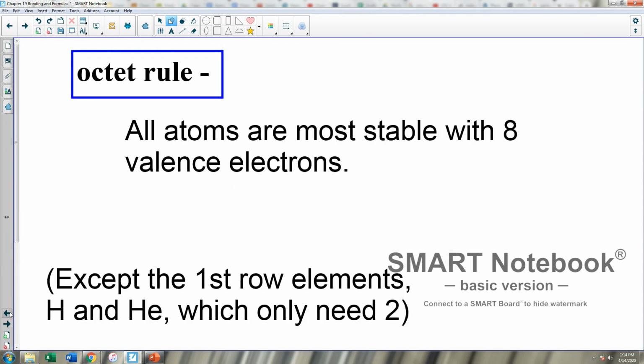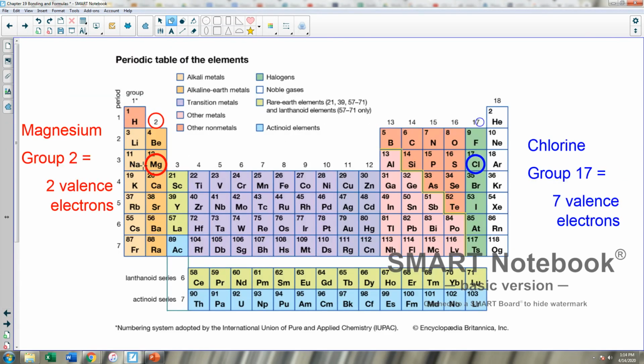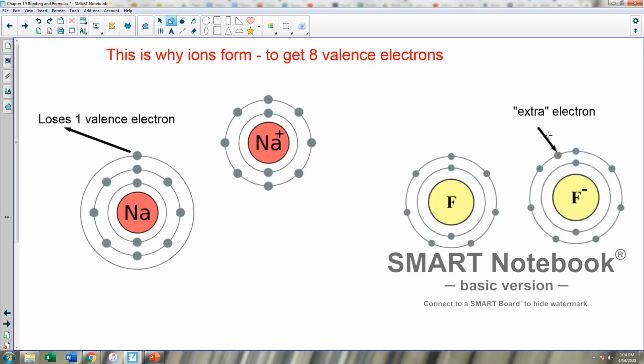So that was sodium here. Fluorine, on the opposite side of the periodic table, is almost full. If we look at fluorine's Bohr model here, fluorine normally has 7 valence electrons, but it wants to get an extra electron to make 8. So it frequently adds in another one.